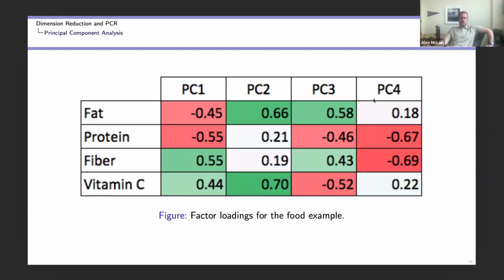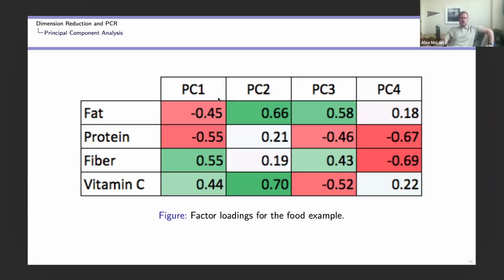The maximum number of principal components is going to be the minimum of the number of variables we have and the number of observations that we have. If we only had 2 observations, we could only make 2 principal components, for example. But here we see the first 4 principal components, and let's talk about the loadings here.